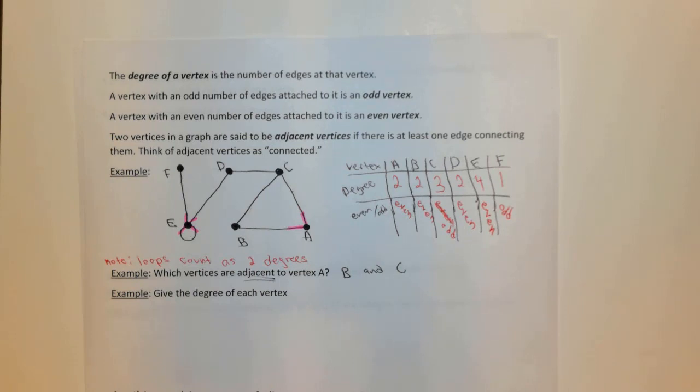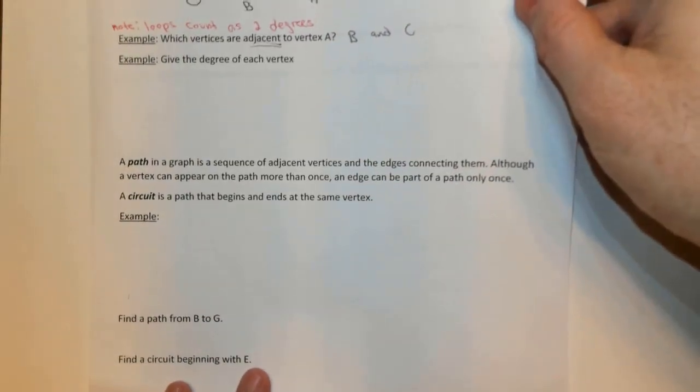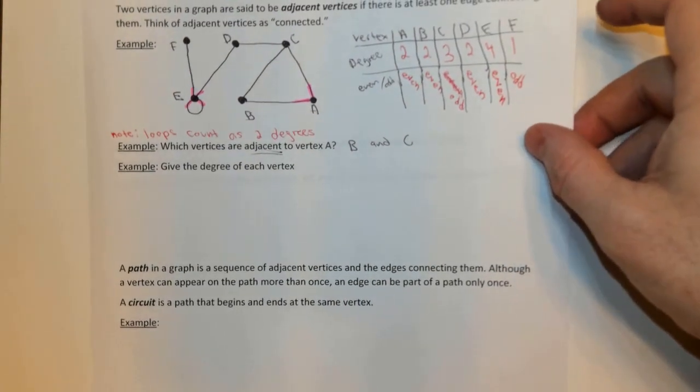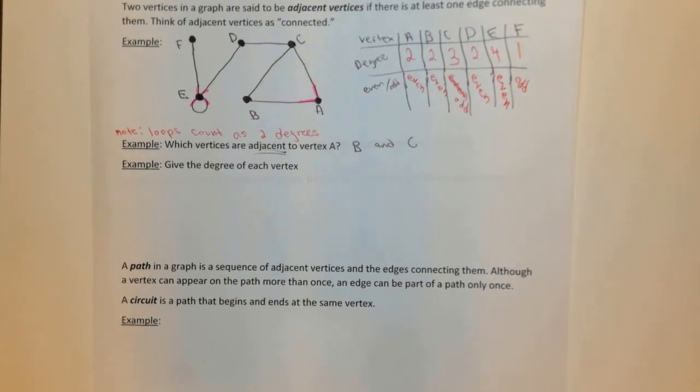All right, now we can move on to paths and circuits. These are going to be very important in 14.2 and 14.3. So a path in a graph is a sequence of adjacent vertices and the edges connecting them.